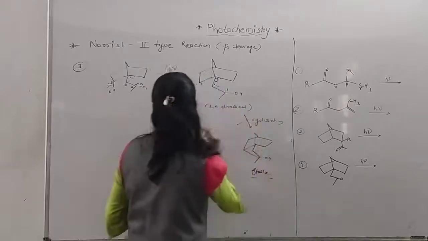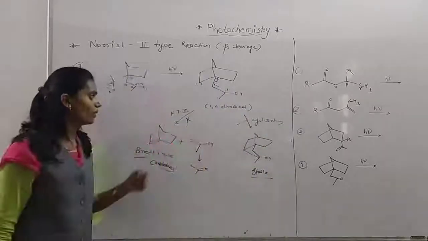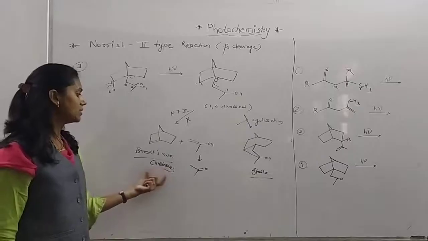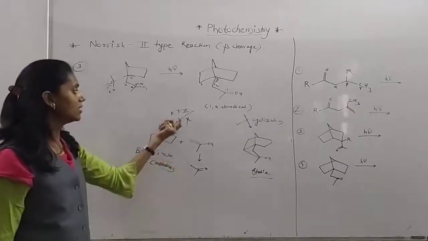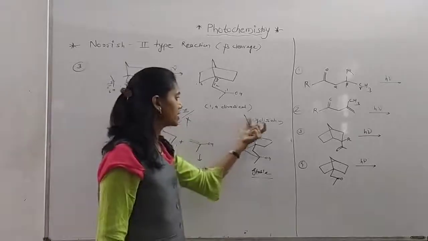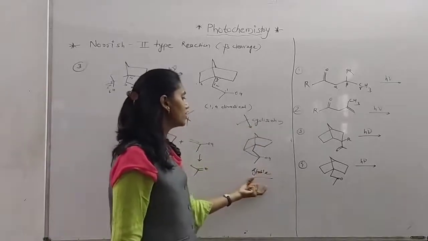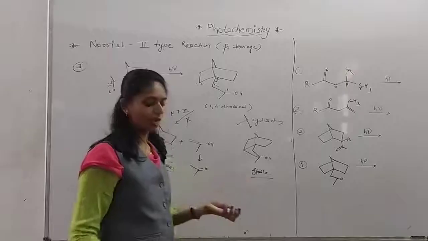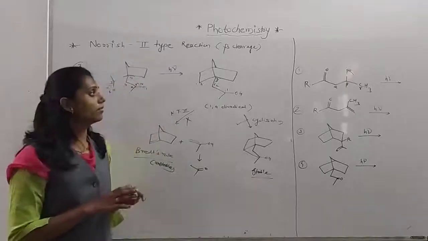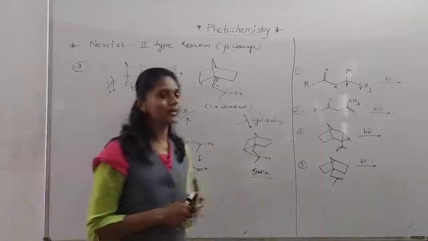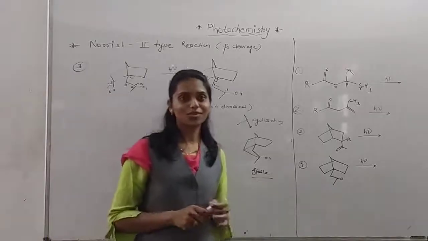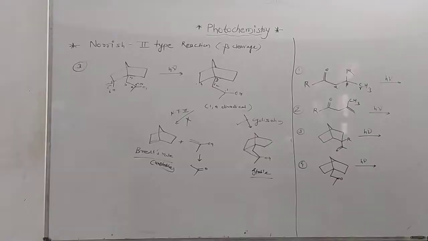And this is correct. This is incorrect. Why is this incorrect? Since we get the product which is unstable by the Norrish type 2. So cyclization happens here and we get the stable product. I hope you understand which criteria we use for the examples. Okay, thank you so much for seeing these videos.